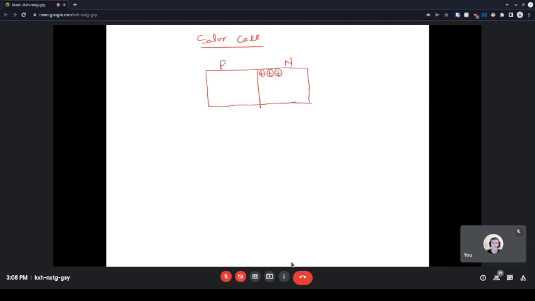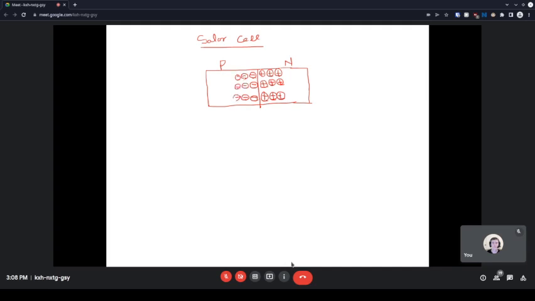Let me take three positive ionic cores for better clarity, since everything is going to happen at this ionic core only. So for that reason I am creating this depletion region a little broader, for better understanding.